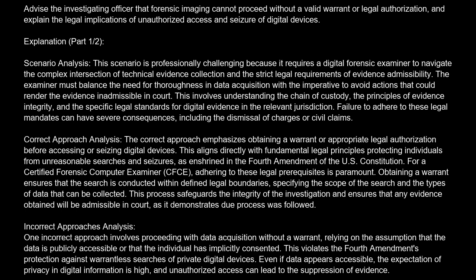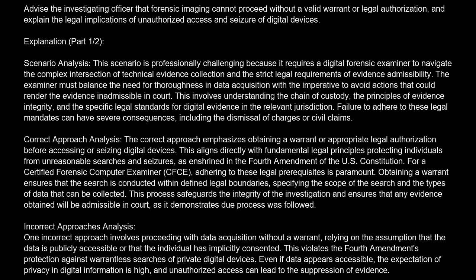Incorrect approaches analysis. One incorrect approach involves proceeding with data acquisition without a warrant, relying on the assumption that the data is publicly accessible or that the individual has implicitly consented. This violates the Fourth Amendment's protection against warrantless searches of private digital devices. Even if data appears accessible, the expectation of privacy in digital information is high, and unauthorized access can lead to the suppression of evidence.